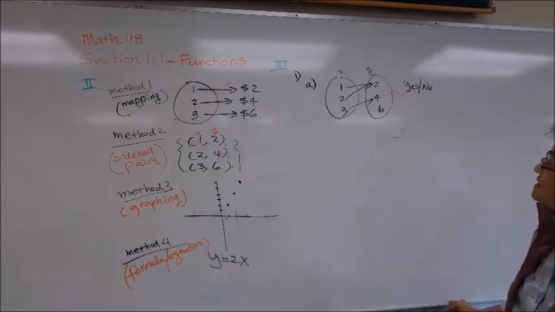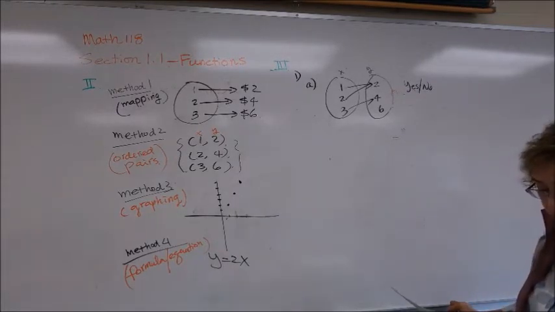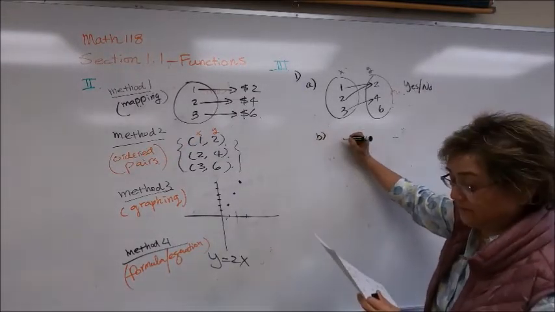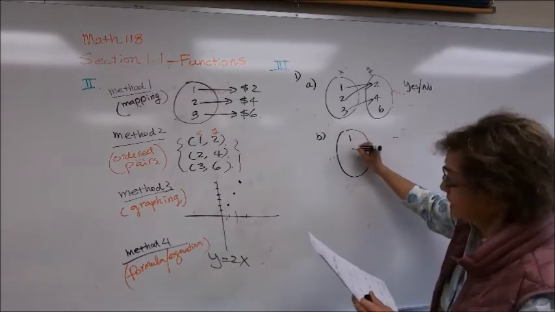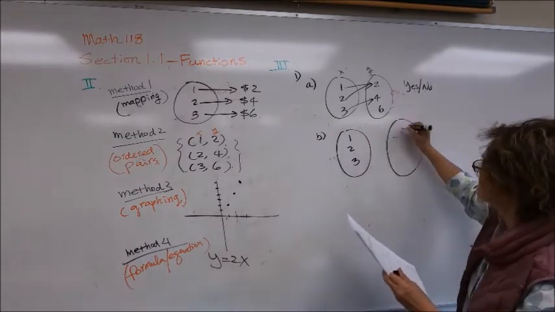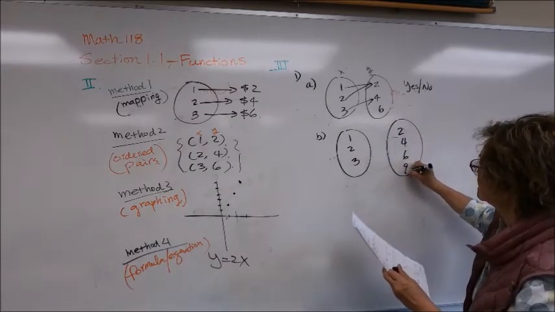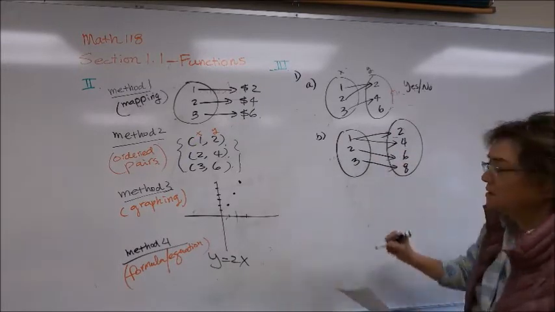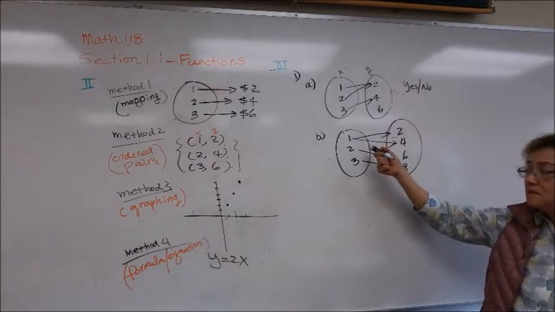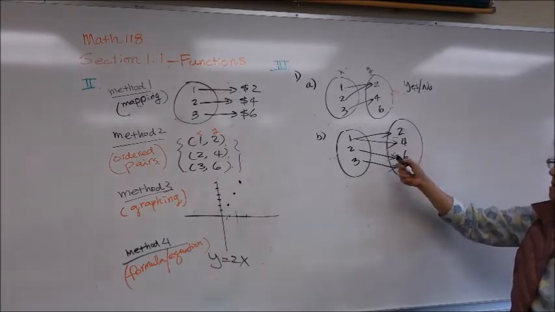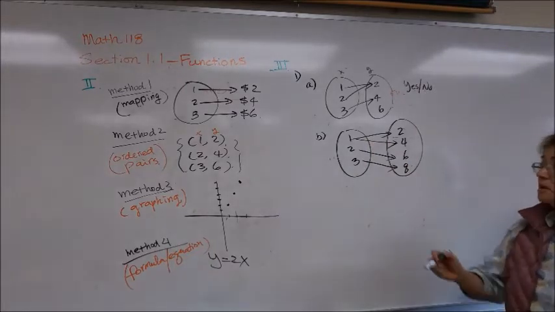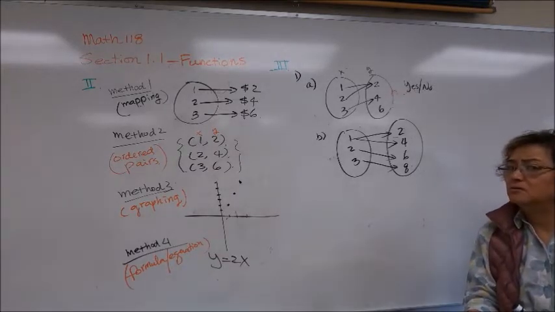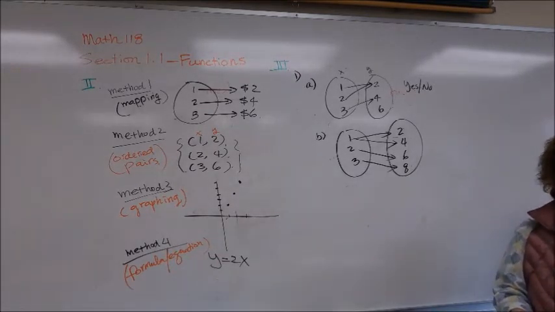However, what kind of thing is not a function? Let's take a look. If I do 1, 2, 3 mapping to 2, 4, 6, 8, I do the mapping this way. For 1 pound of nuts, I put a $2 tag on, and for 1 pound of nuts, I put a $4 tag on. Then for 2 and 3 pounds, I put 6 and 8. Then customers will wonder, how come this 1 pound is the same as that 1 pound?